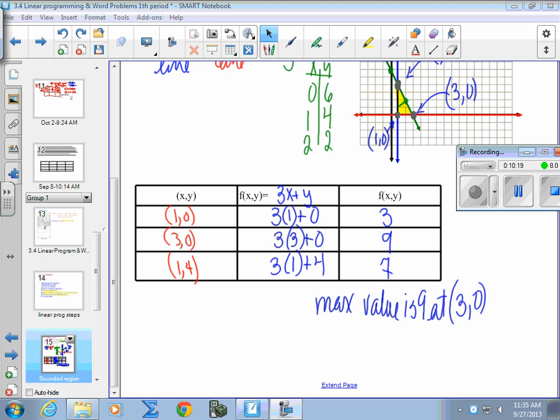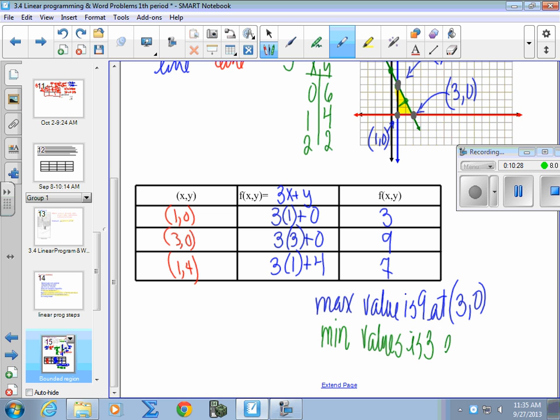What is the minimum point? Minimum value is 3 at the point 1 and 0.